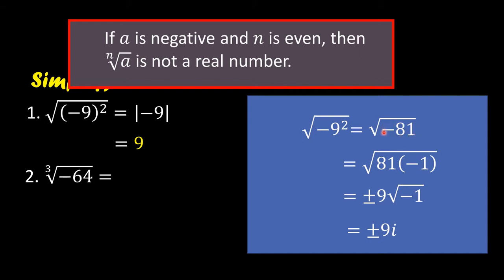This is a negative number, and it is understood the index here is 2, which is an even number. This is equal to the square root of 81 times negative 1, because 81 times negative 1 is negative 81. The square roots of 81 are positive and negative 9, and then the square root of negative 1. The square root of negative 1 is an imaginary number, so we write positive and negative 9i. This is different from our answer in number 1.